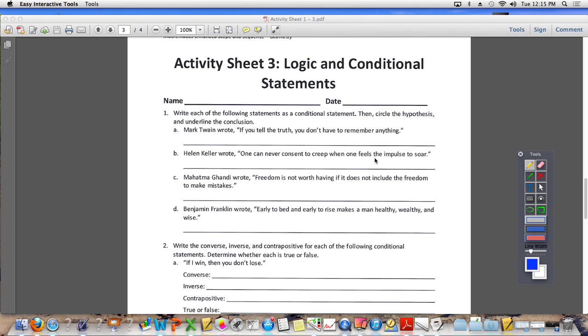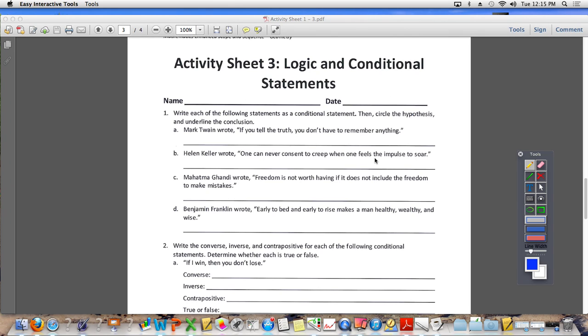Write each of the following statements as a conditional statement, then circle the hypothesis and underline the conclusion. So Mark Twain wrote, if you tell the truth, you don't have to remember anything. Your job is to rewrite that statement. Well, I hope you would agree that that statement is already in if-then form. It's just missing one word. What is it missing? Then.